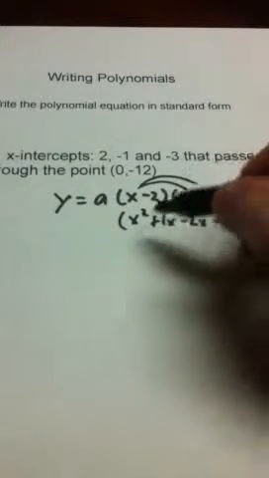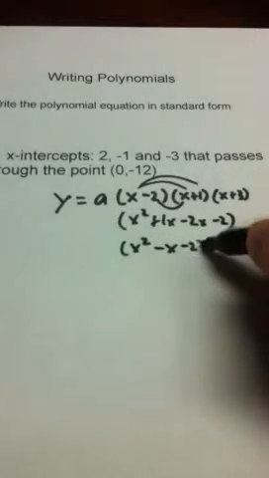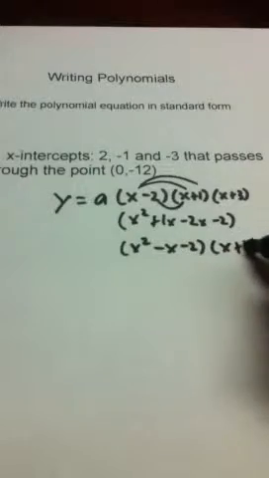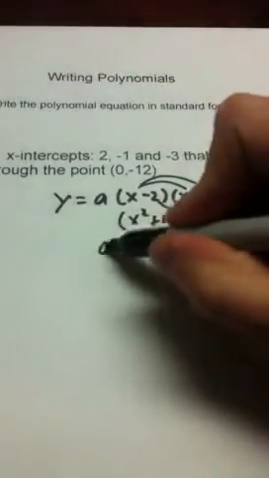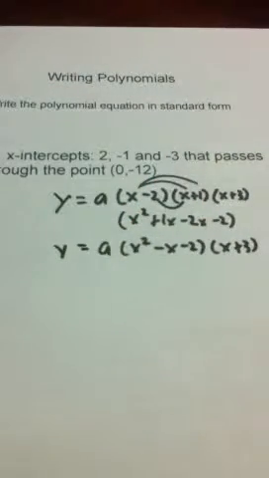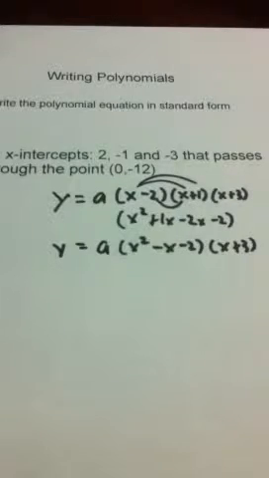Simplify that a little bit. I get x squared minus x minus 2. And then I'm going to bring down both the x plus 3 factor and the a. So I get y equals a times x squared minus x minus 2, and then x plus 3.